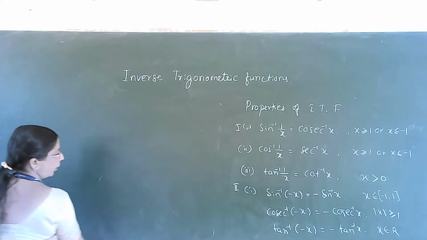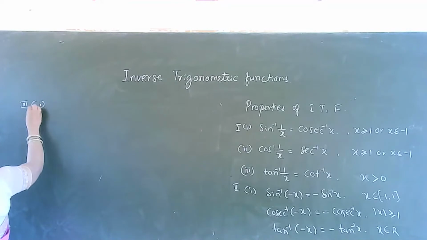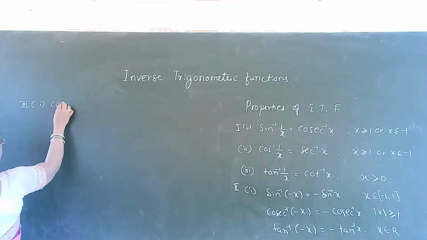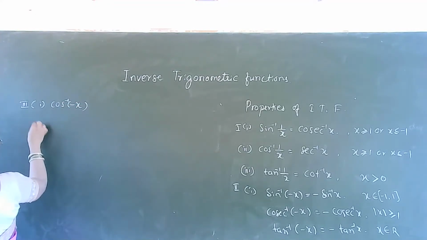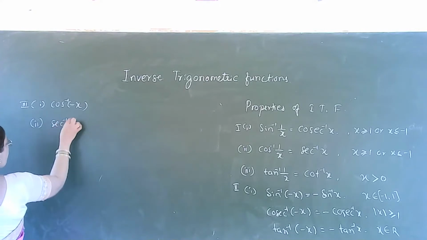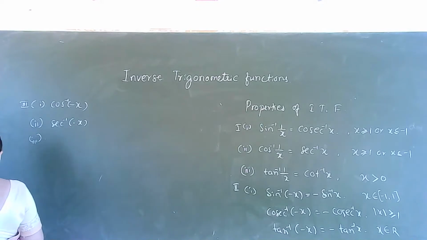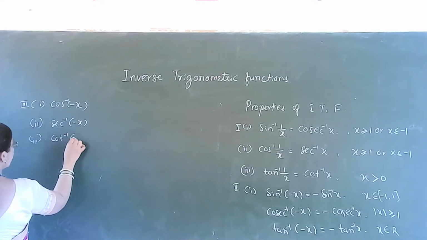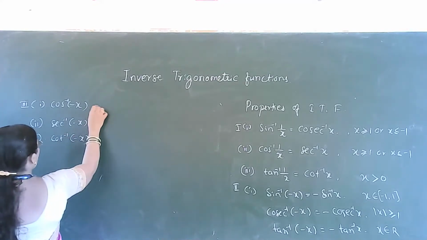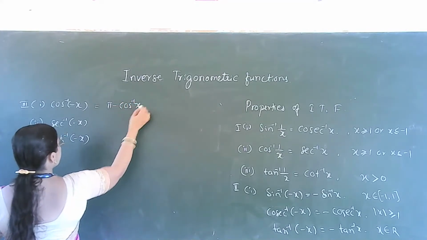How can you write this one? Cos inverse of minus x, then sec inverse of minus x, and the third one cot inverse of minus x, which is equal to pi minus cos inverse of x.